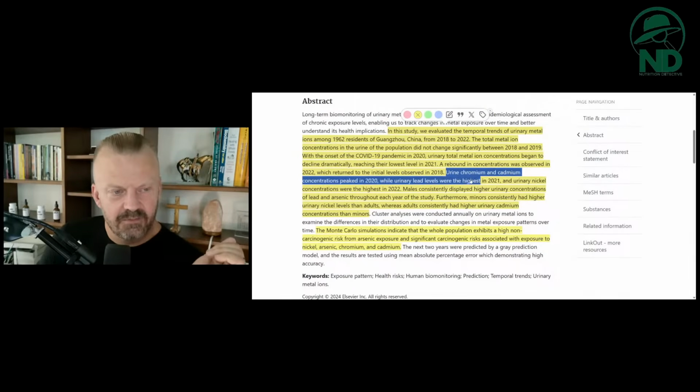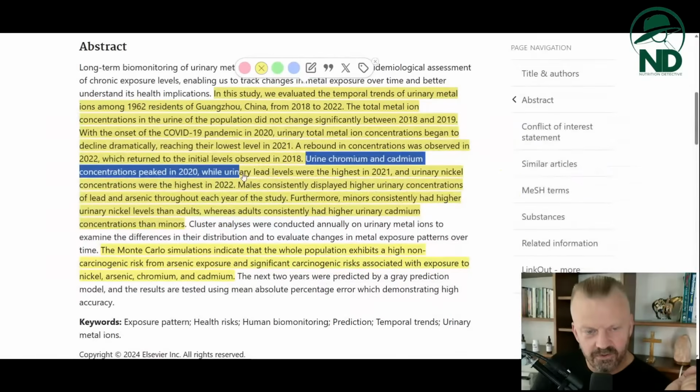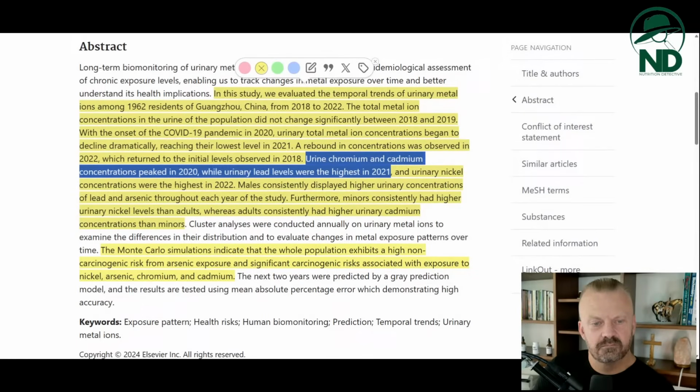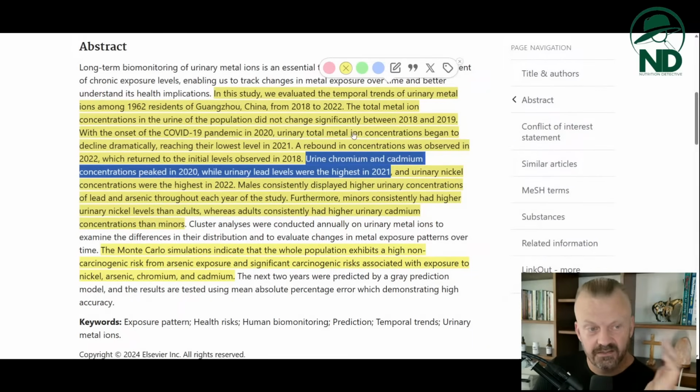Urine chromium and cadmium concentrations peaked in 2020, while urinary lead levels were the highest in 2021. Wait, so urinary total metal ion concentrations went down. Okay, but chromium and cadmium peaked.